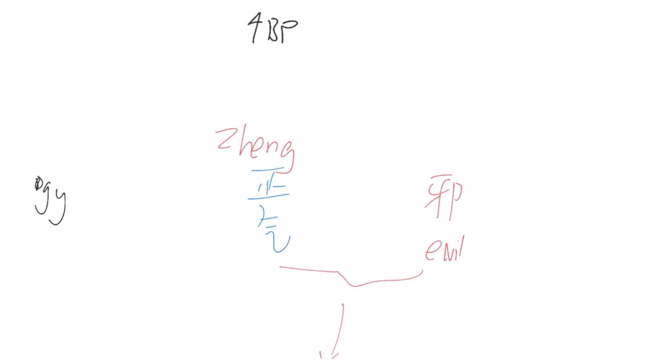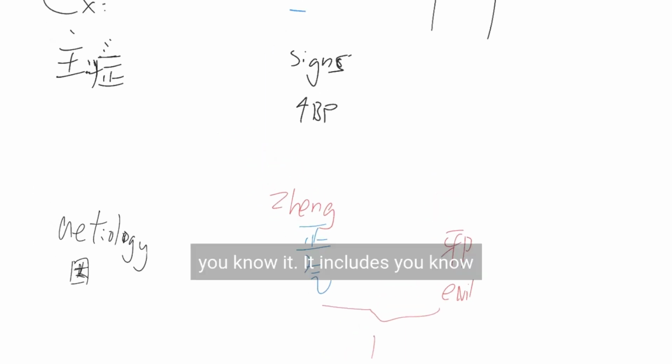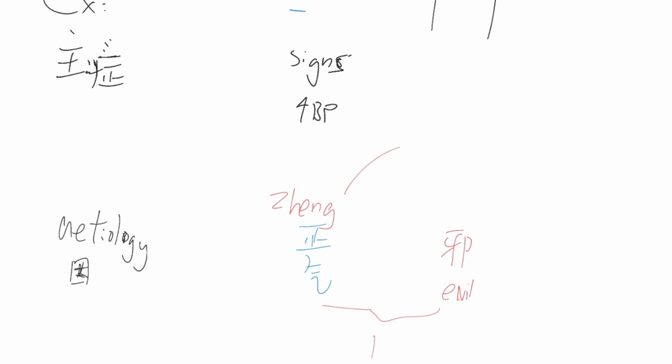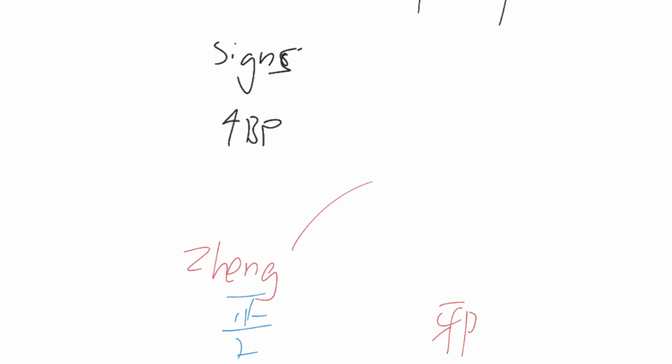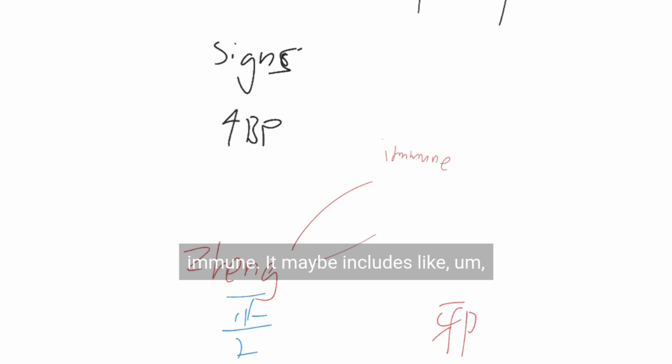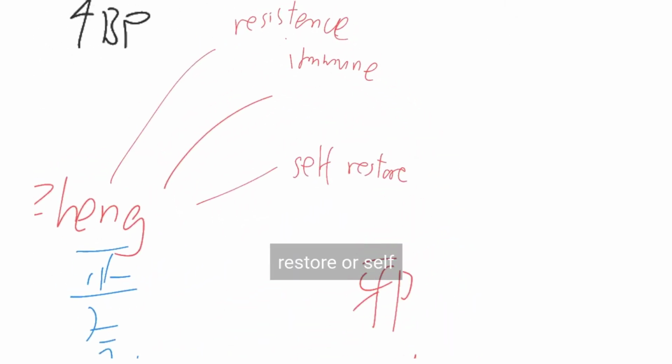When we say zhen qi, in modern terminology it includes the immune system, like self-restoration, maybe resistance, self-resolve or self-repair, a better word.